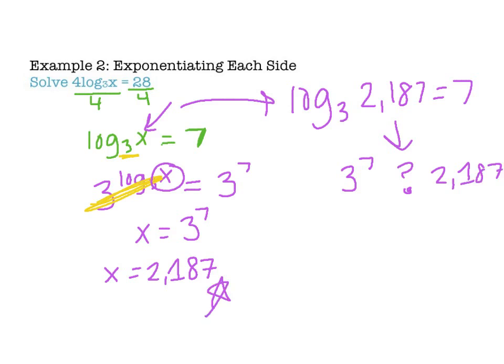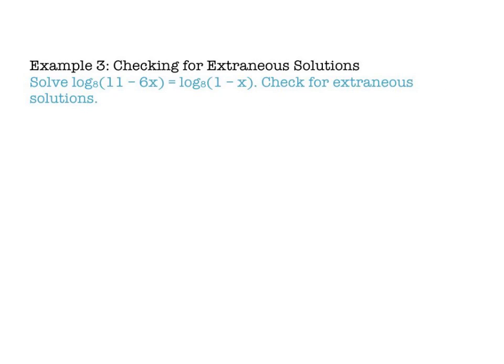In this final example, we're going to solve it and then check for extraneous solutions. So once we get a solution, we want to make sure that it actually works. Now, when we do all of this algebra, we sometimes introduce these extraneous solutions into the process.